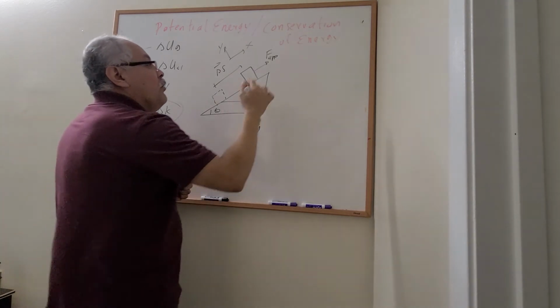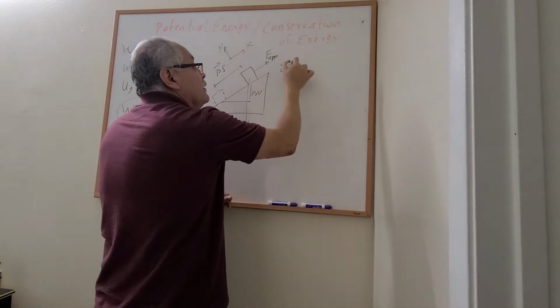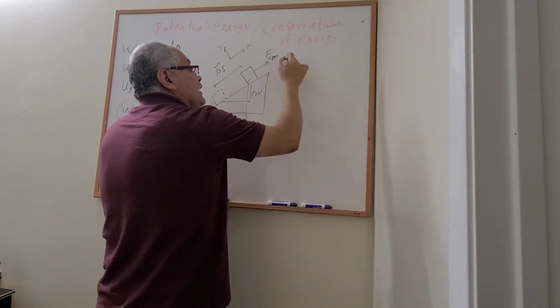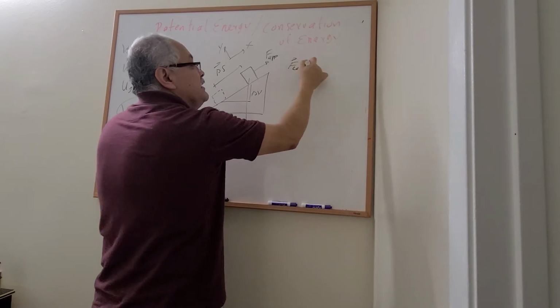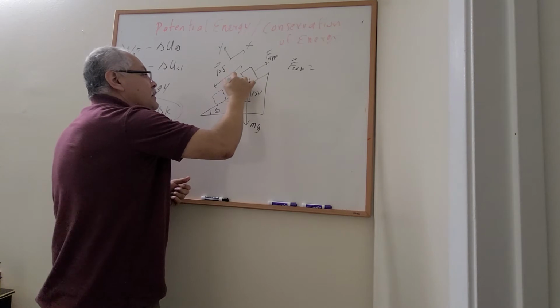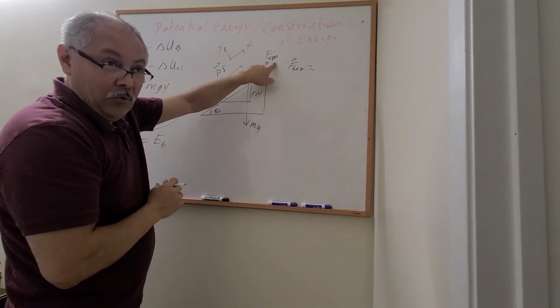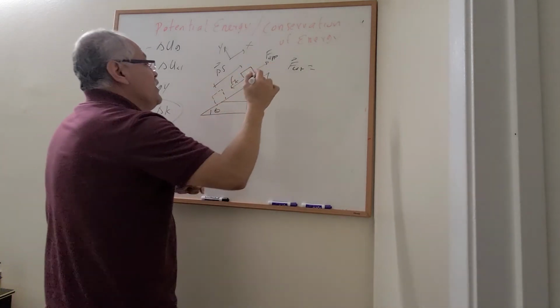Now what should be the net force? Remember, using Newton's second law, the net force is the sum of all the forces acting. Well, we have friction, gravity, and the applied force. So what do we have?